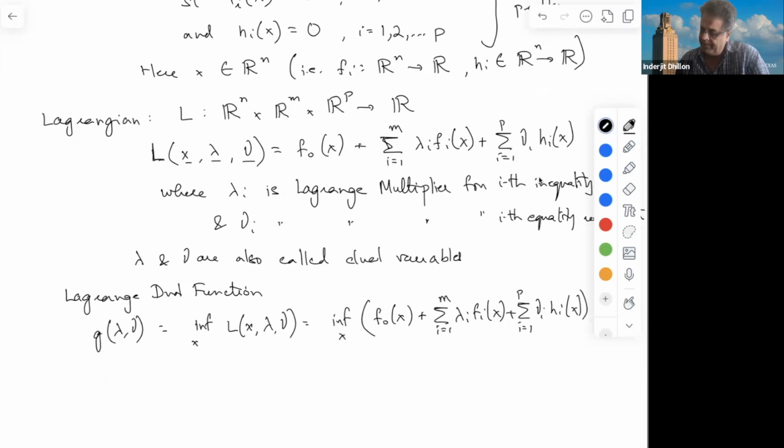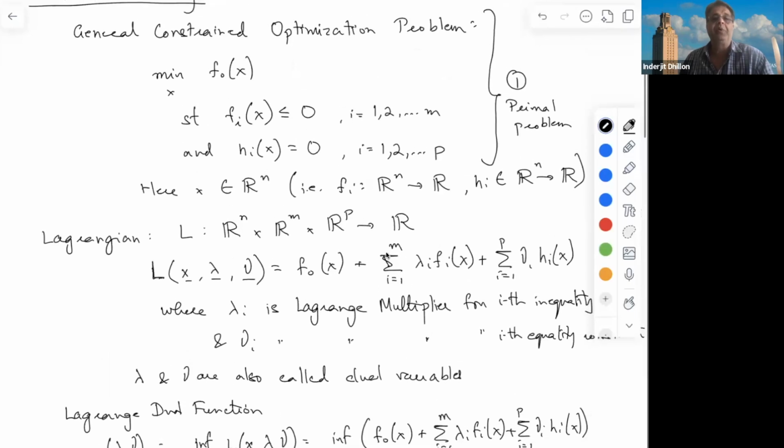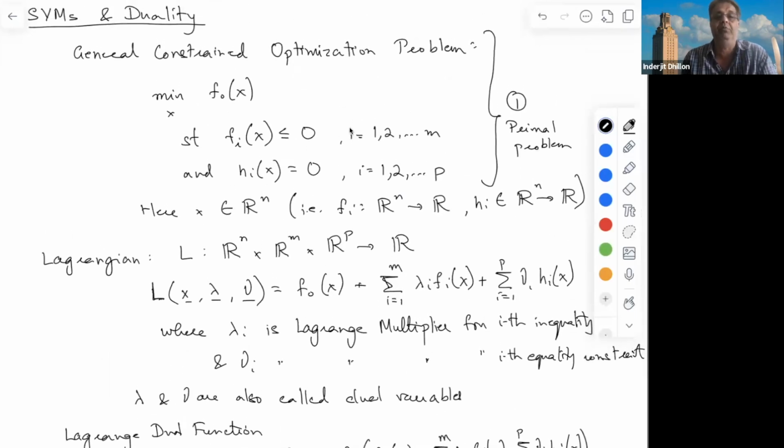And we will say that lambda and nu are dual feasible. The language we are using is feasibility.